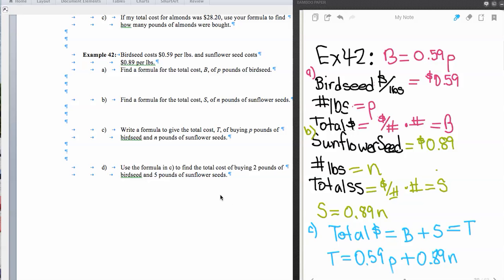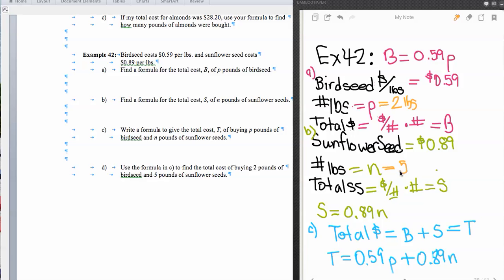Now the last thing it says is use the formula in C to find the total cost of buying 2 pounds of birdseed and 5 pounds of sunflower seed. So this time around, I'm putting in a certain number of pounds: 2 pounds of birdseed, and 5 pounds of sunflower seed.